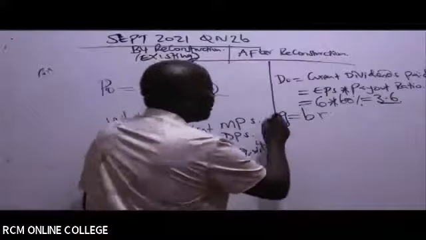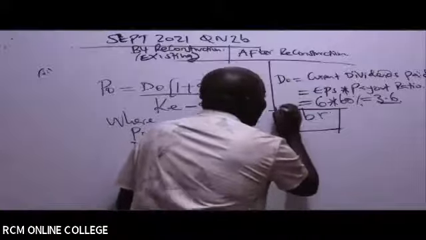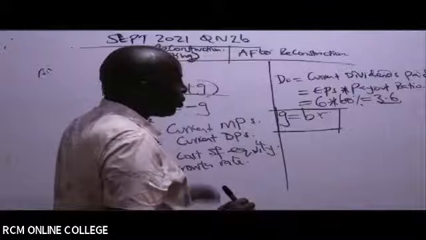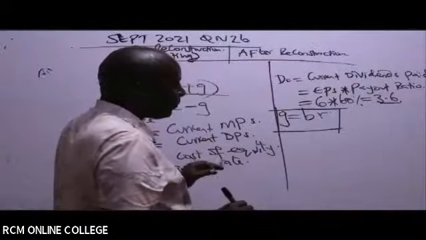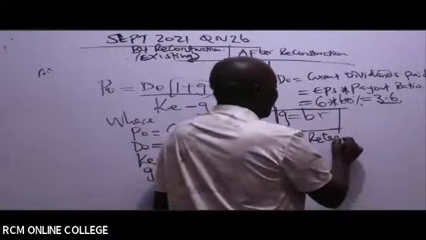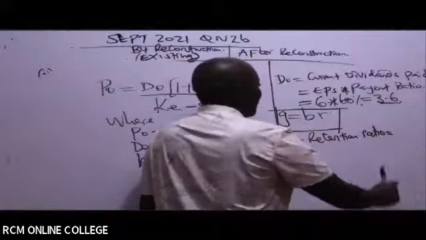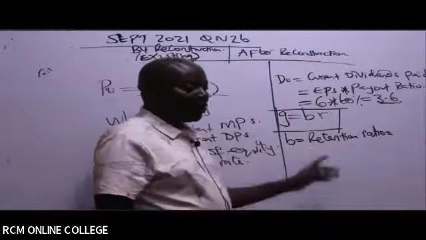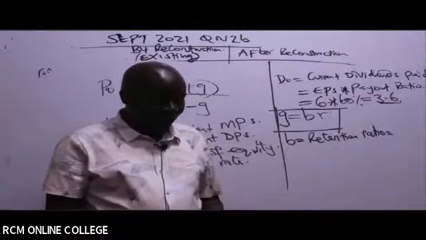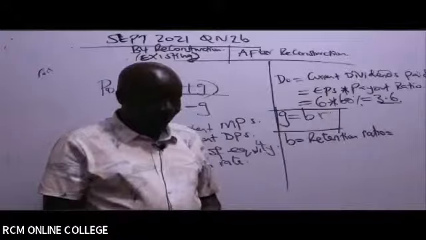This is a very important formula that I need you to highlight. I believe everybody has been able to buy a highlighter. g, the growth rate, equals bR, where b is the retention ratio. In this question, can you kindly give me the retention ratio?